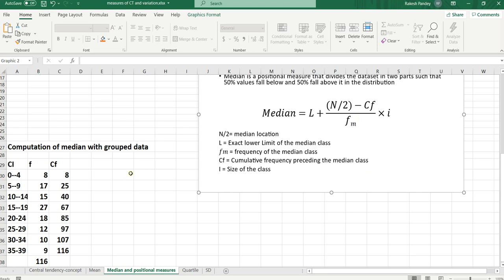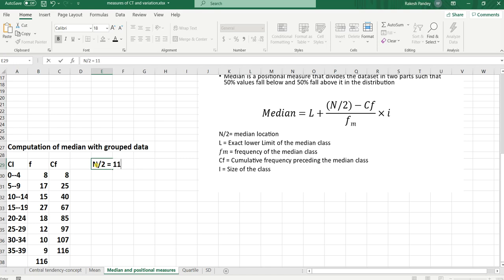Let us do the computation. So the first thing that we need is the n by 2 value, which is equal to 116 divided by 2, and which will be equal to 58.